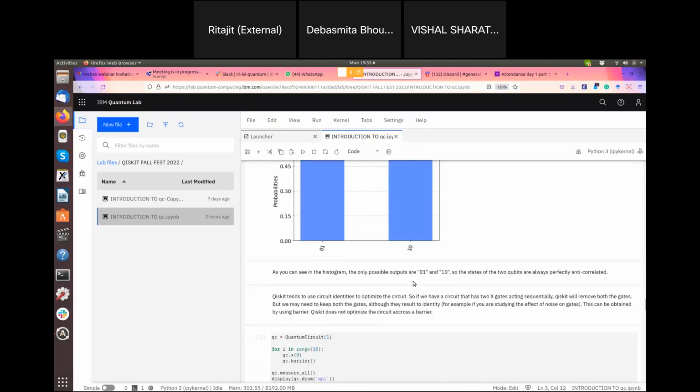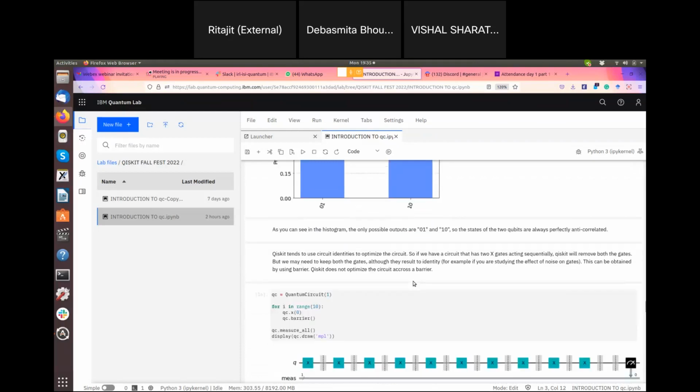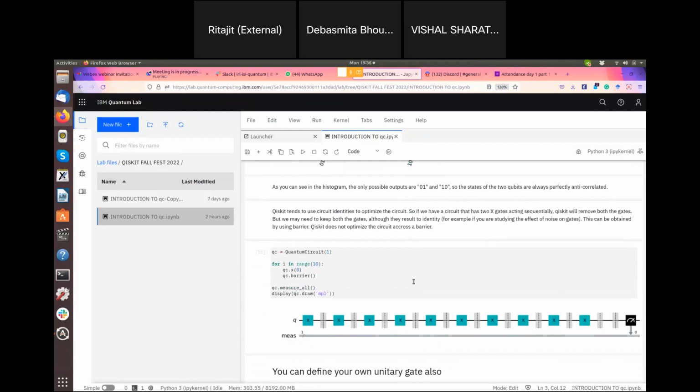Now, Qiskit tends to use circuit identities to optimize the circuit. So optimizing means it is visually optimizing and also optimizing in its task. So if we have a circuit with many X gates, it happens that Qiskit will remove the X gates. Suppose there are two X gates.